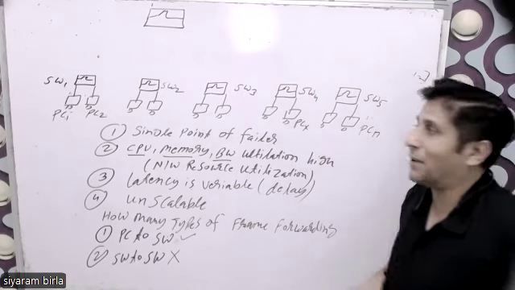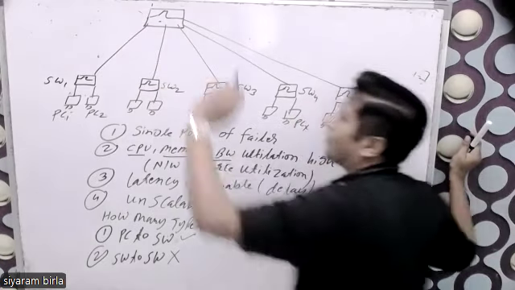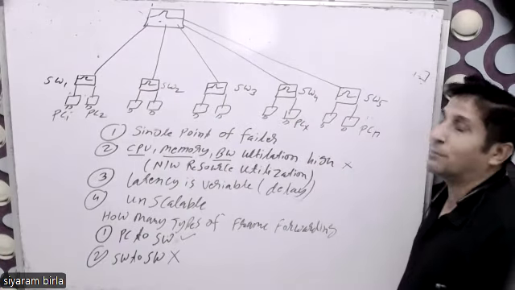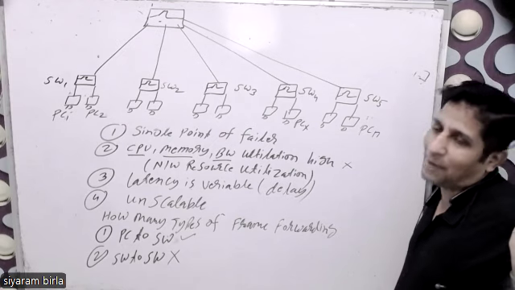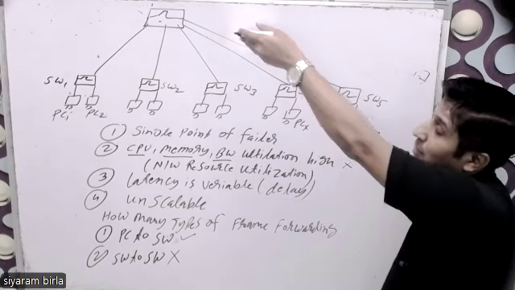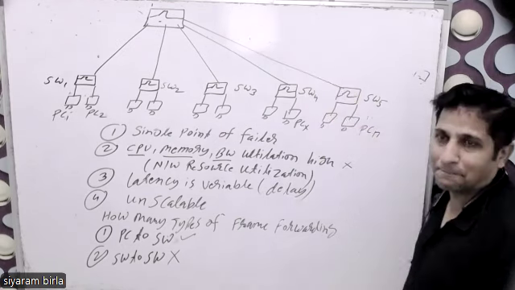It has high memory and CPU, so it can process lots and lots of frames. Lots of frames will be processed by this switch. The CPU and memory load will not be a problem, because its memory and CPU horsepower is high.